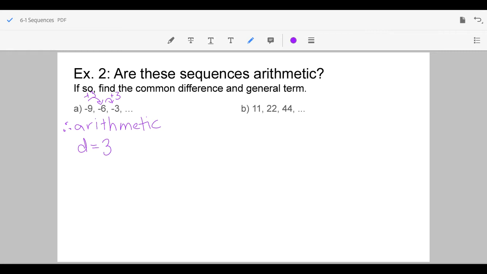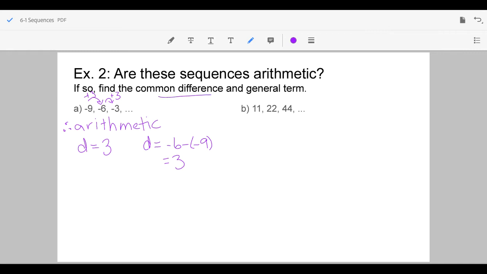Another way to find d would be to take any of these, say term 2, and subtract the previous term, term 1. When we do that, we get 3. And we also have to find the general term. We already have the common difference, d.